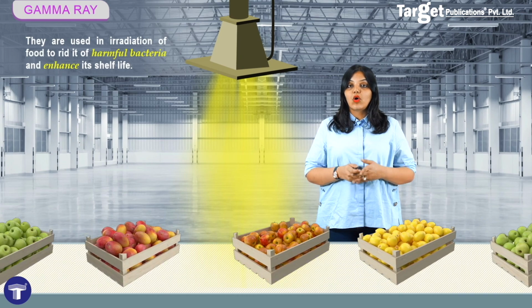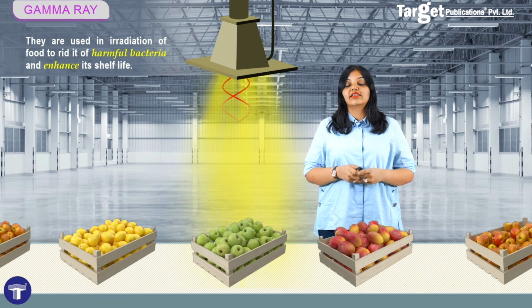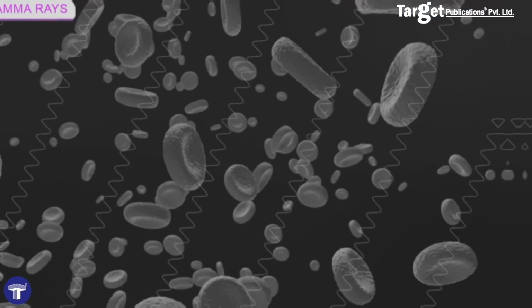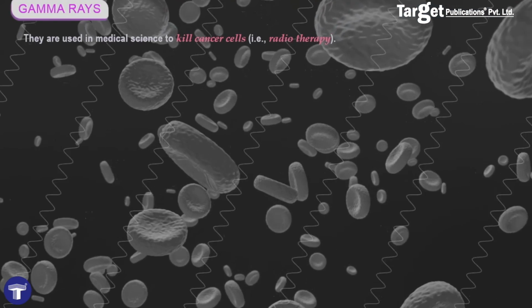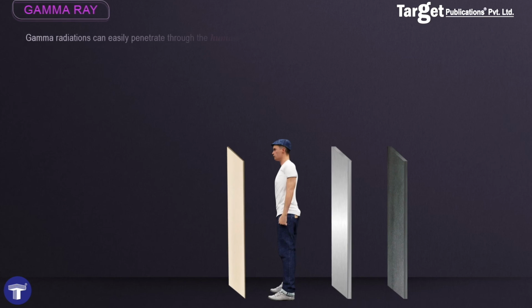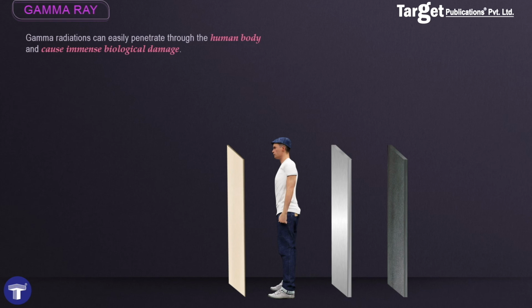Gamma rays have a lot of uses, including the irradiation of food, in which they are used to kill harmful bacteria and enhance its shelf life. They are also used to kill cancer cells, that is, in the use of radiotherapy. Gamma rays are highly penetrating rays and therefore can penetrate through the human body, causing immense biological damage.